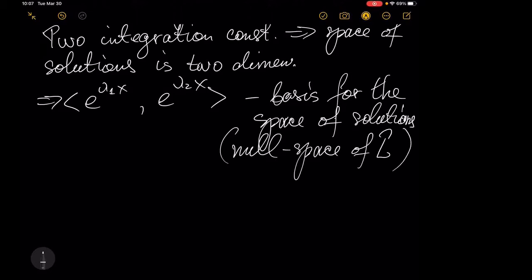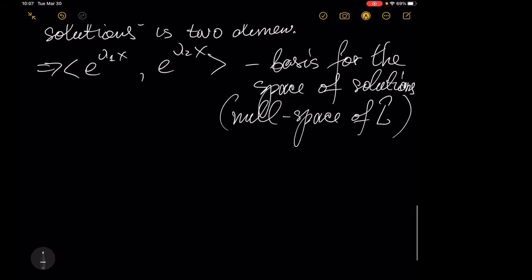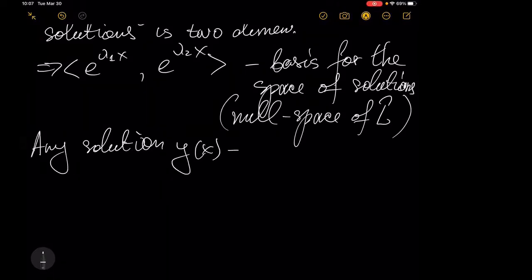Okay, so, because we found the basis for the space of solutions, we know that any solution y of x can be represented as a linear combination of vectors of the basis. Just this.